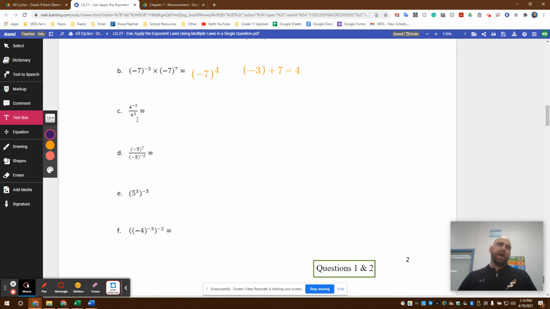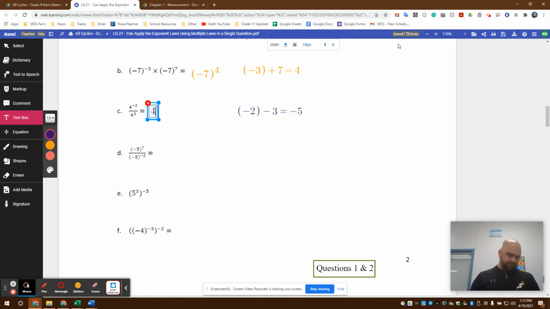So that's multiplying. Dividing, same thing, except now we are subtracting our exponents. So instead of adding these two together, we have our top and our bottom. So we're going to take the top one, negative 2, and we're going to subtract 3. Now we're at negative 2, we're going to go down 3, or we're going to add another negative 3. And so this is going to give us negative 5 as our answer. So again, same base, very important that we have that.